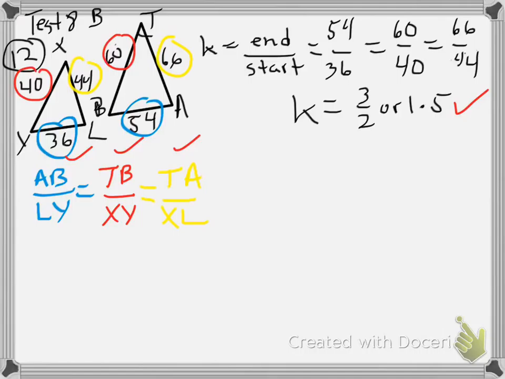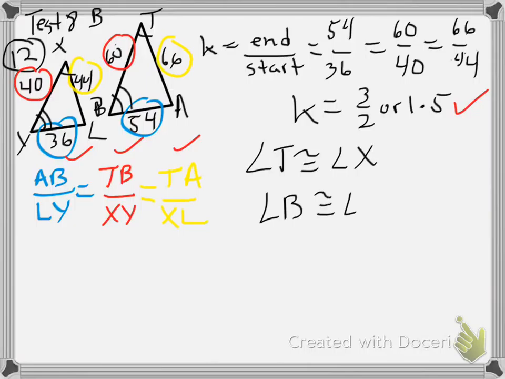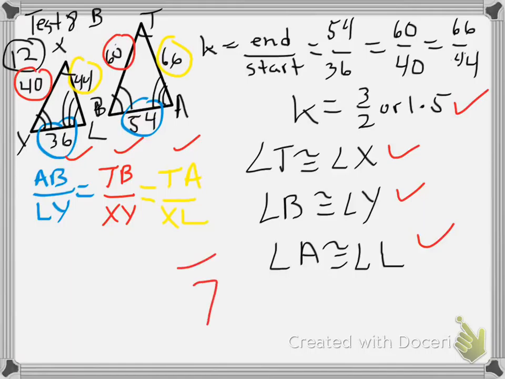Well, that would mean T goes with X. So angle T is congruent to angle X. Angle B is congruent to angle Y. And the last one would be angle A and angle L. And that gives you 3 more points, and that's how you get your 7 points.